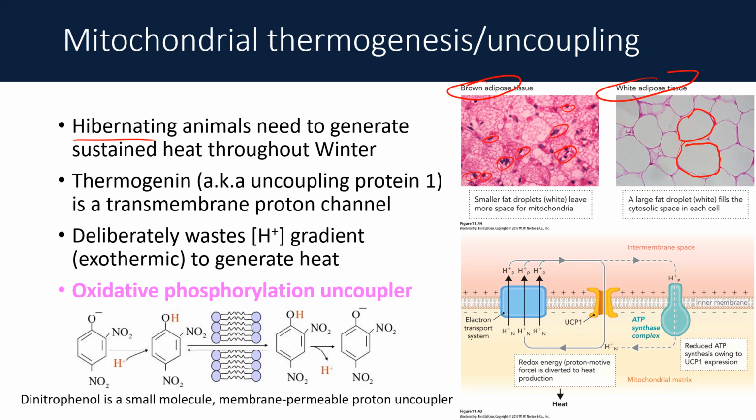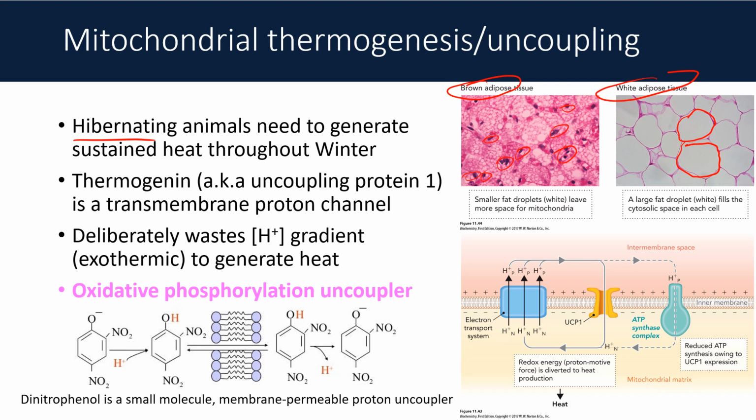People think that winter weight is there primarily to serve as insulation from the cold weather, and that is partly true. But really, it is these mitochondria that will burn these fuel stores in a deliberately wasteful manner that's going to prioritize the production of heat over ATP.